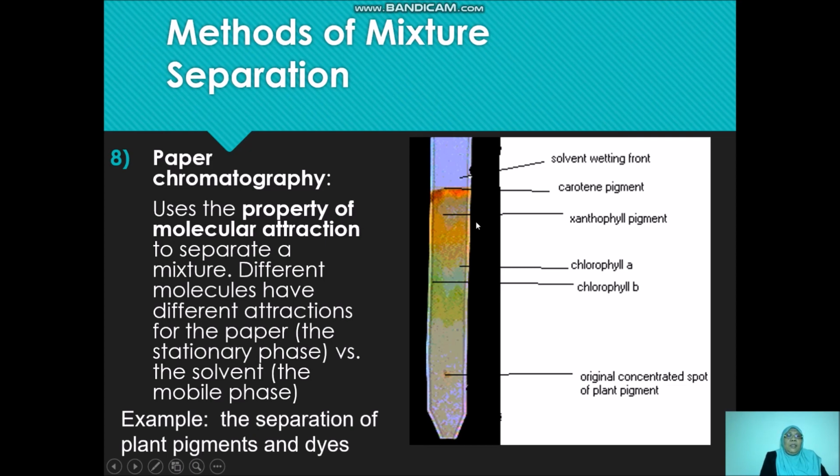One can be separated from the other because they have different attraction to the paper. Chlorophyll B has lower attraction for the paper, but this one is the higher one.